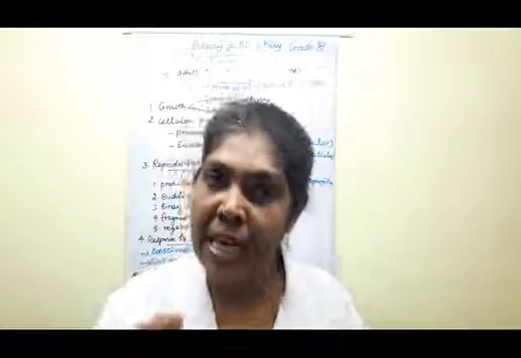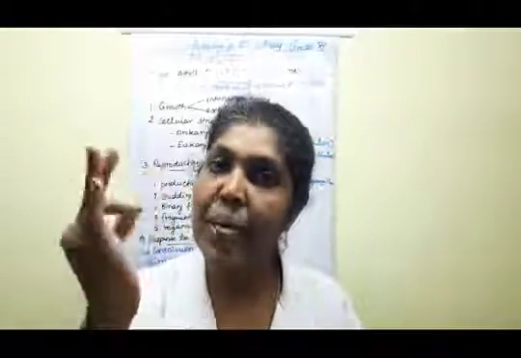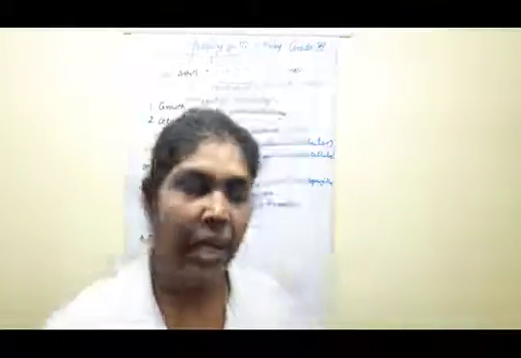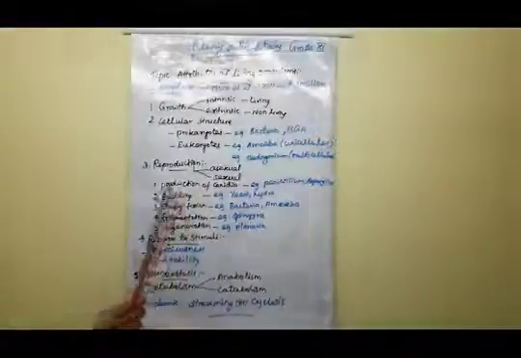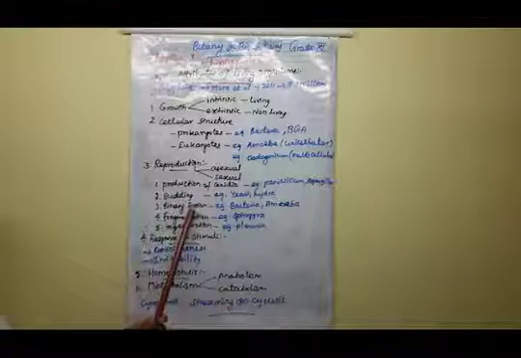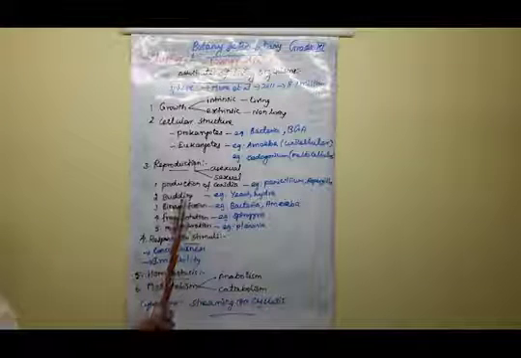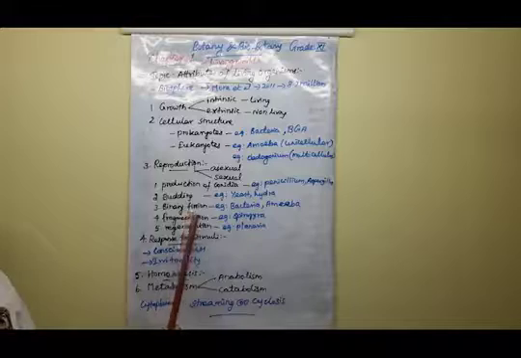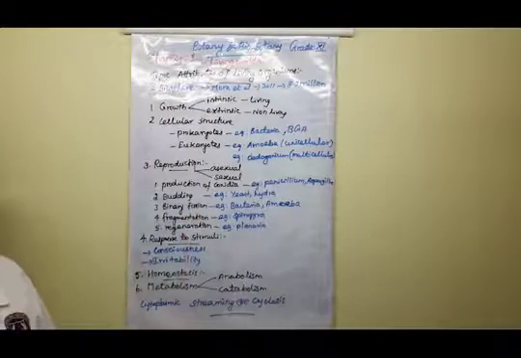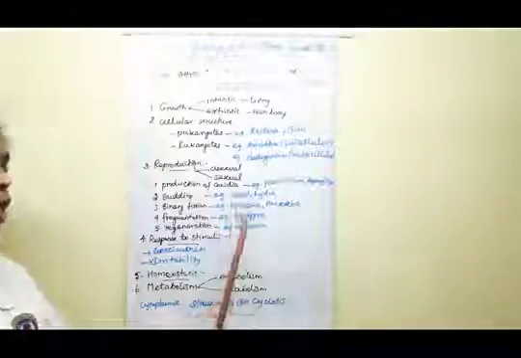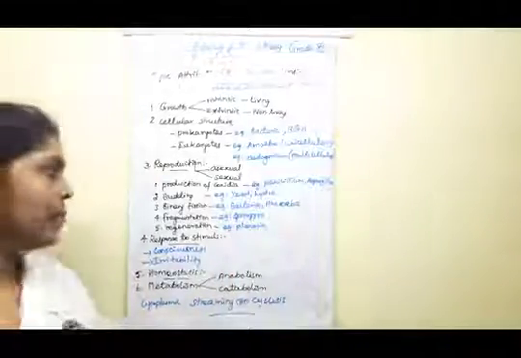Some methods of asexual reproduction I already said: production of conidia, budding, binary fission, fragmentation and regeneration. For each asexual method you should know some examples. Understood, children? This is also a three-mark question.